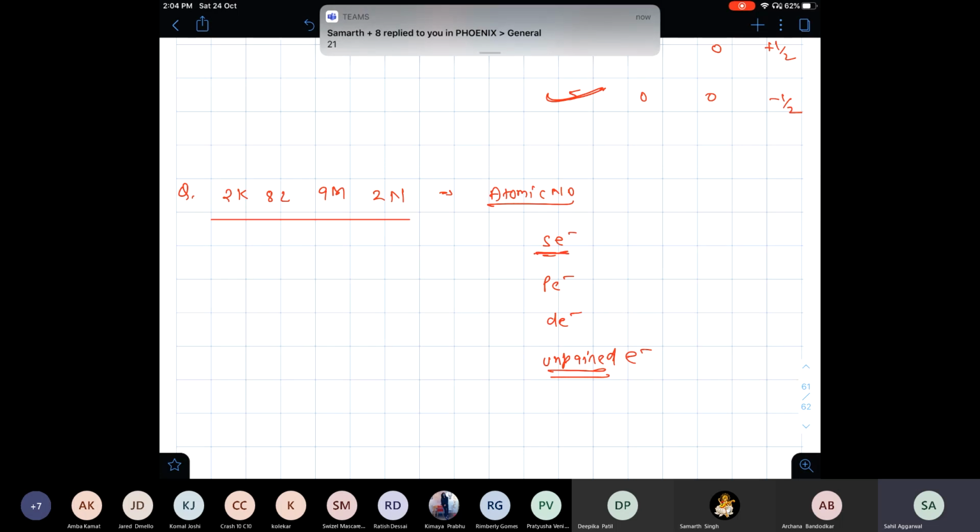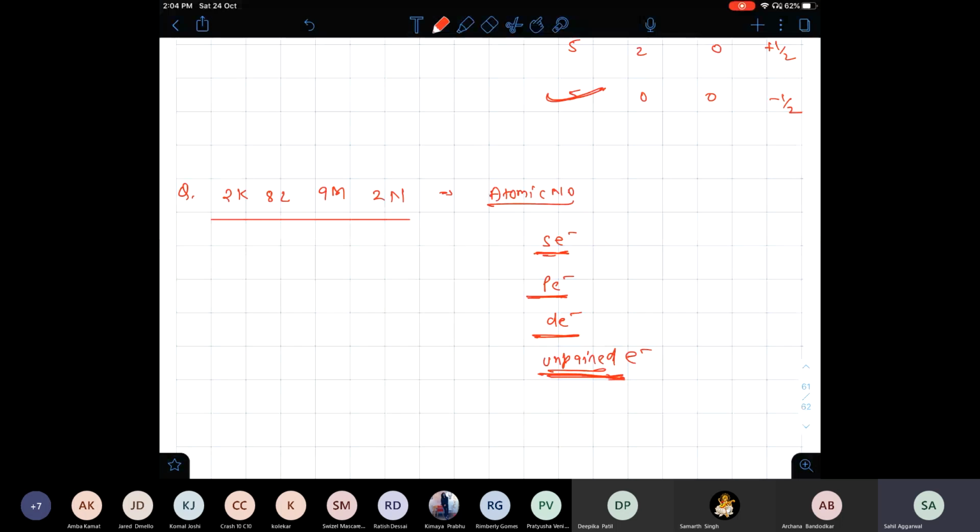How many s electrons, how many p electrons, how many d electrons, how many unpaired electrons? So atomic number is simply the number of electrons. 2, 8, 10, 19, 21. Atomic number is 21. 2k means 1s2.